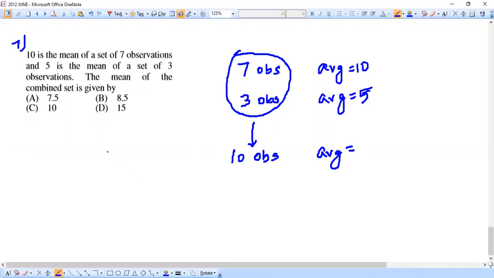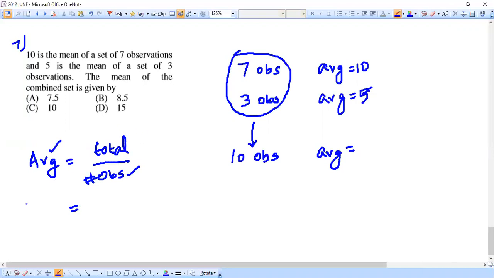Okay, let's now see how we can solve this. It's very easy. For which we should know what average is. Average means the total divided by the number of observations. But here in this question we know the average and we also know the number of observations. So let's try to find the total.